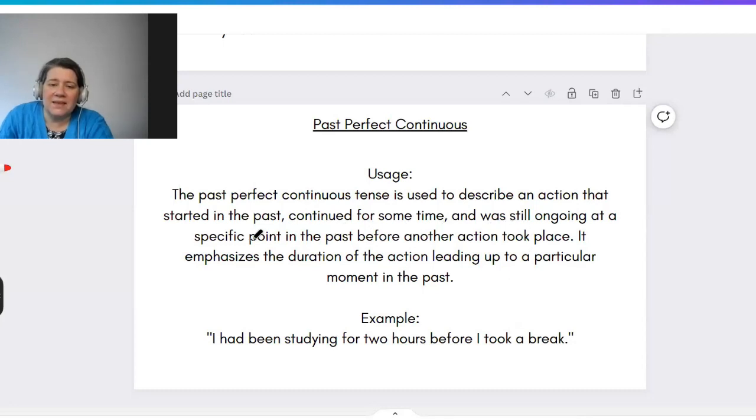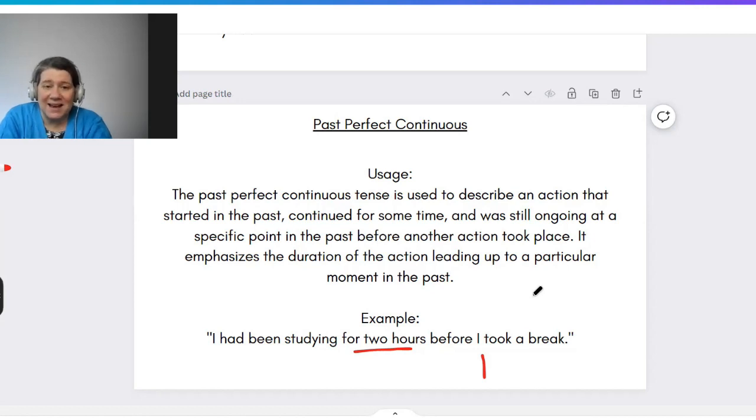So in this example, it emphasizes the duration of the action leading up to that moment in the past. We're focusing on that duration. I had been studying for 2 hours before I took a break.